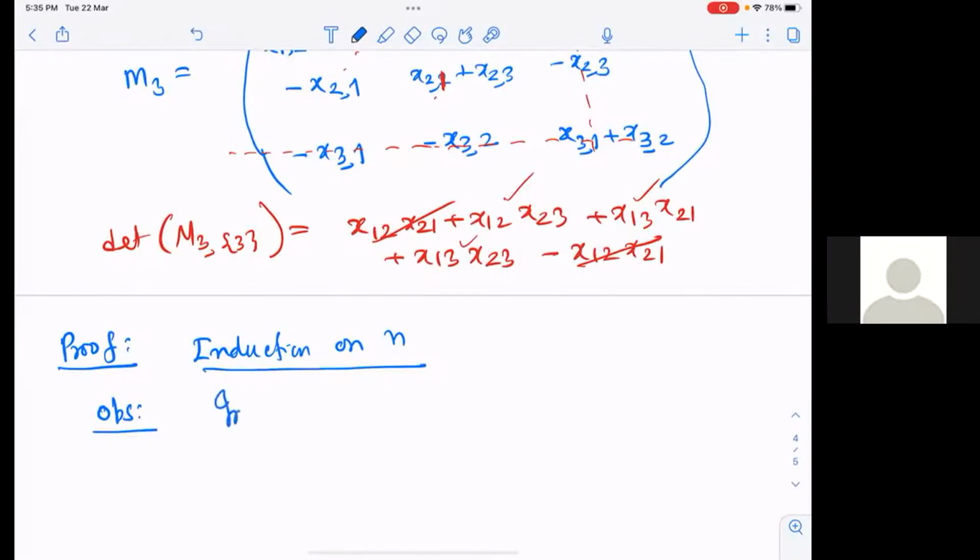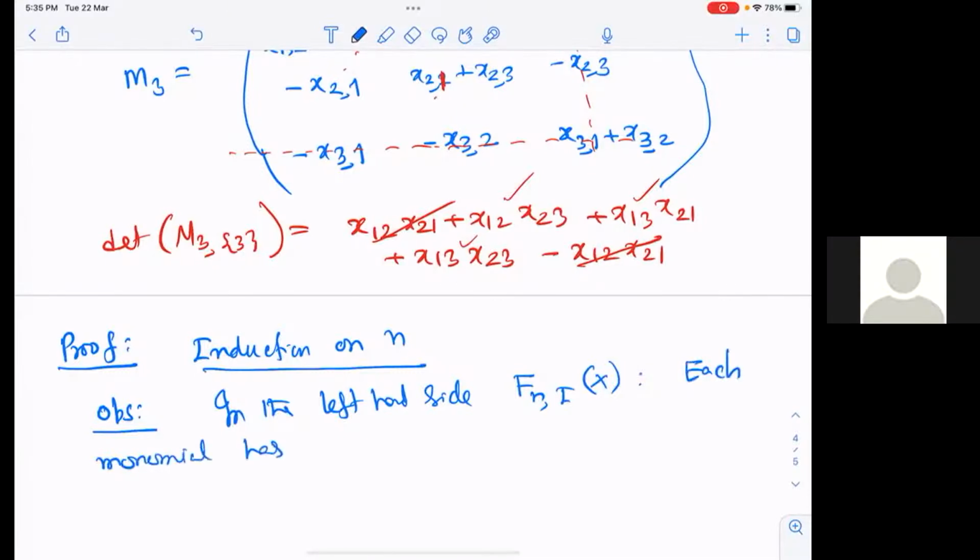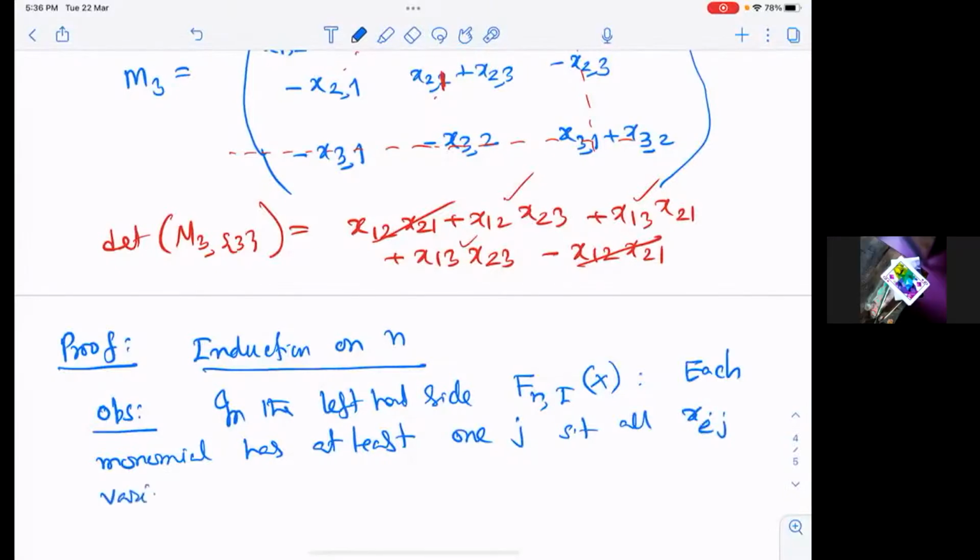So in the left hand side, when you look at this term f_I,n(x), each monomial has at least one j such that all x_ij variables are missing.